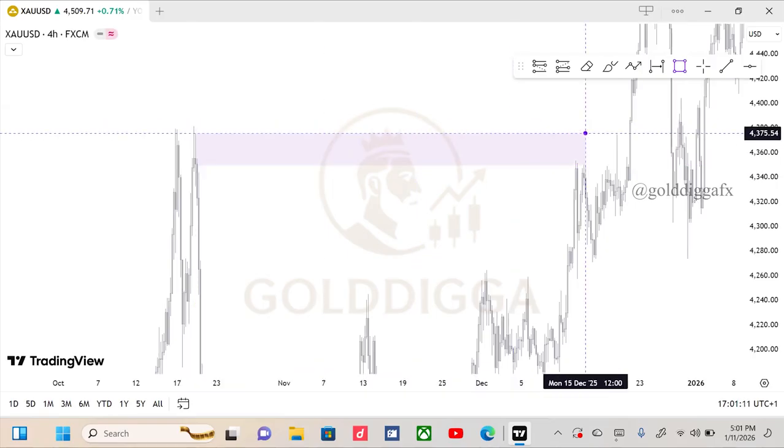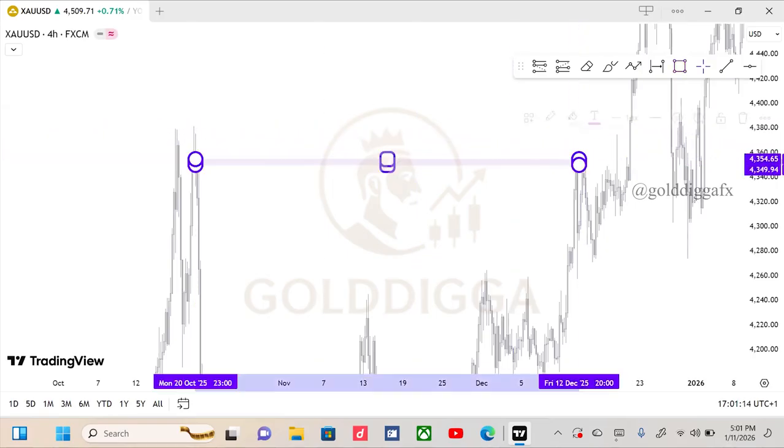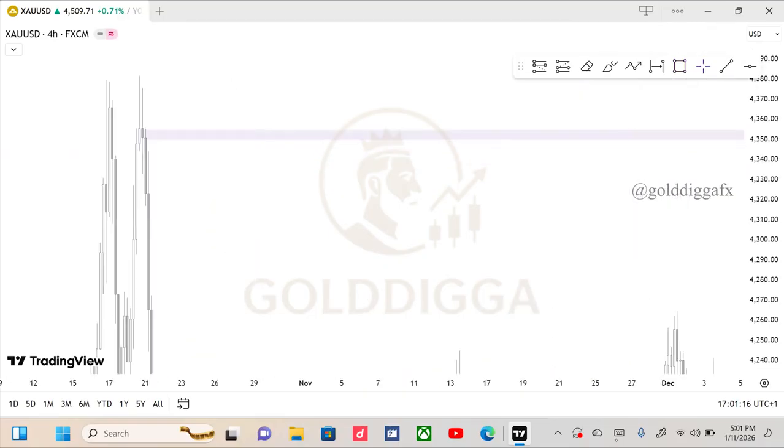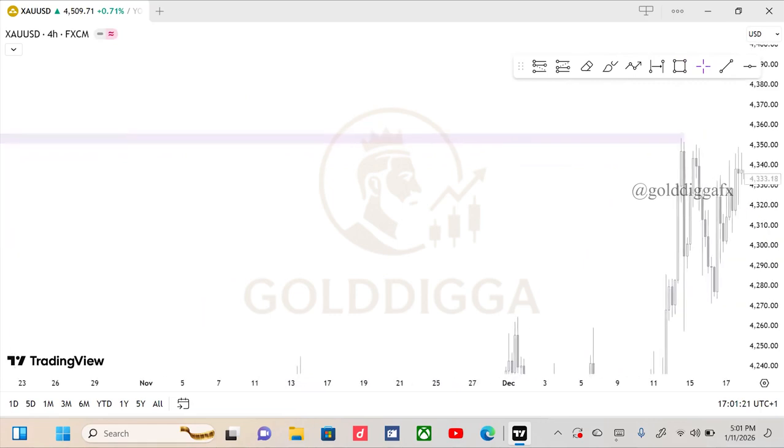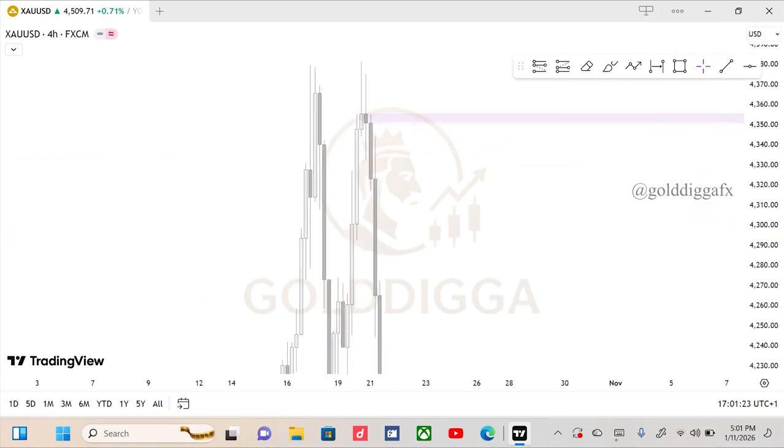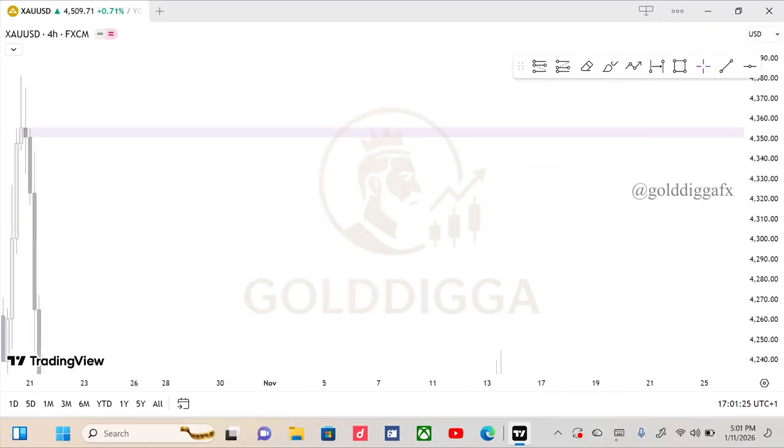This counter trade from here, this 4 hour level, in a daily bullish storyline.